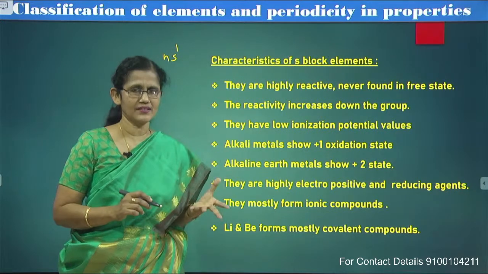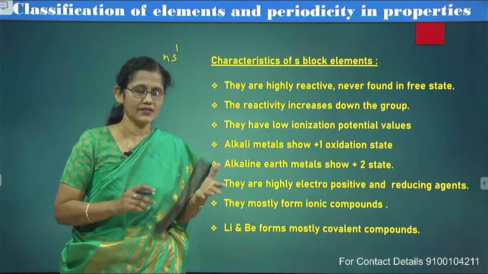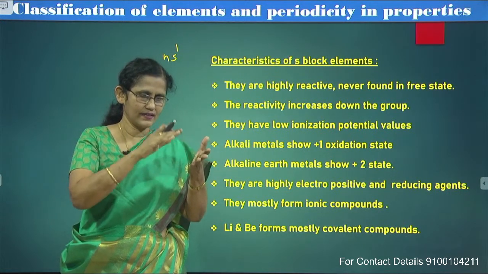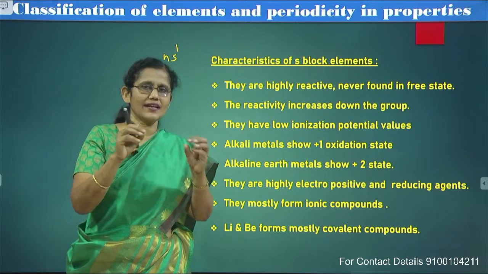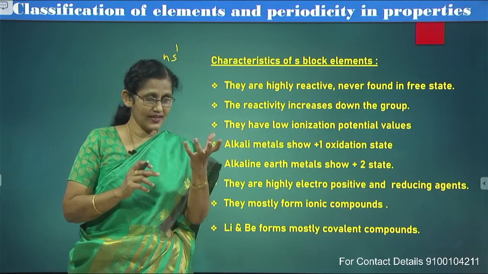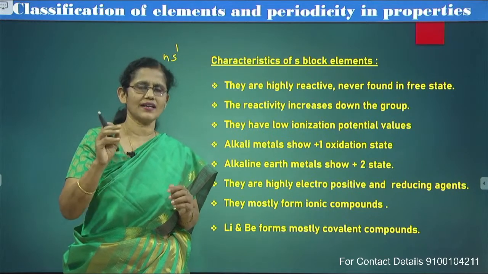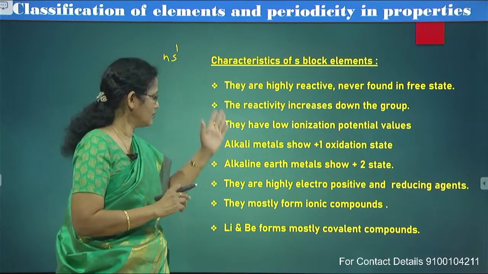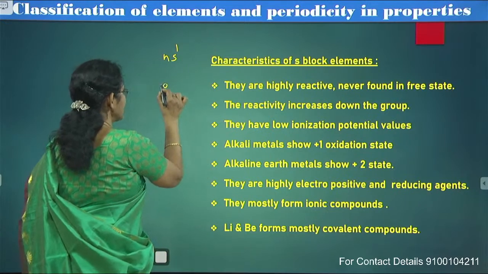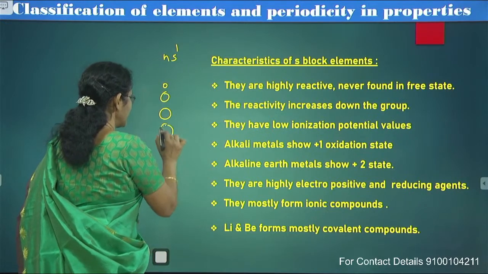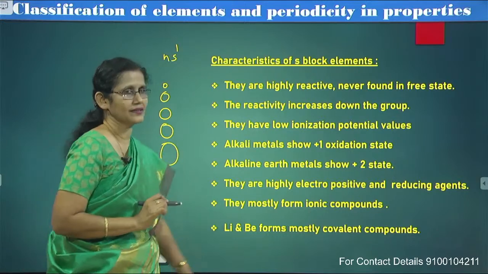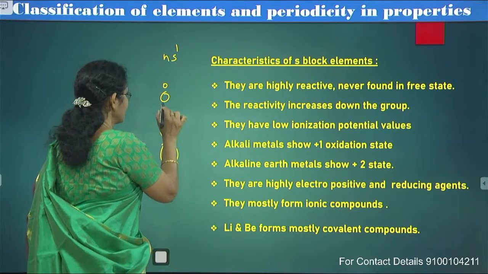As size increases, what happens? So many inner shells are added, so we can easily remove outer electrons. If inner shells are added, the shielding effect increases. So, down the group reactivity increases.